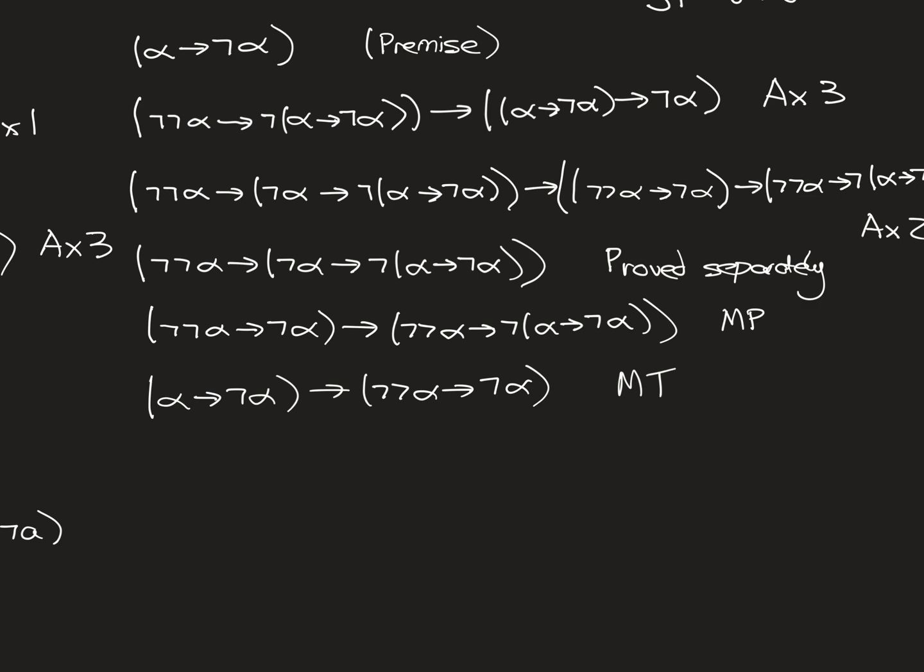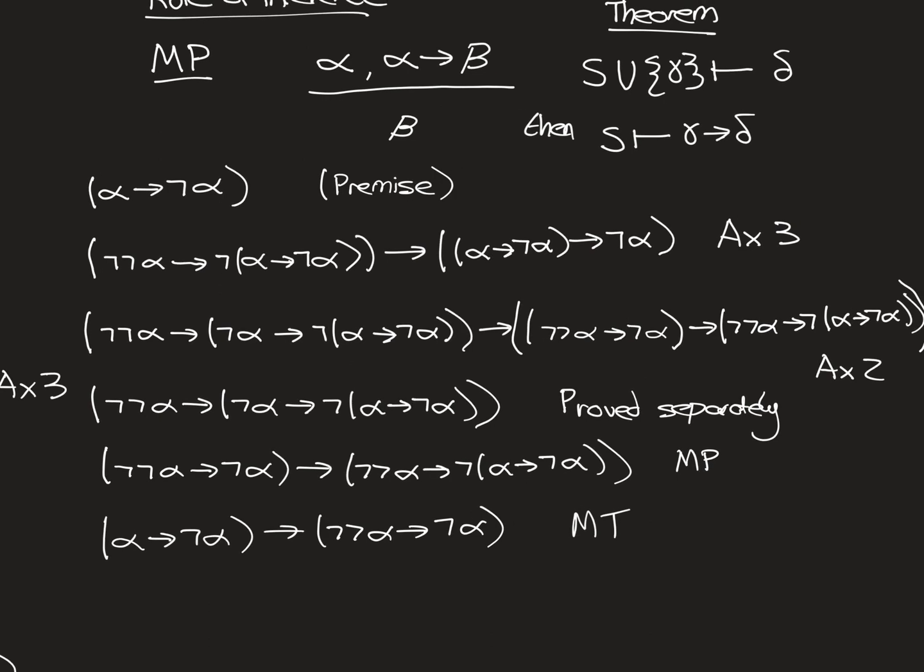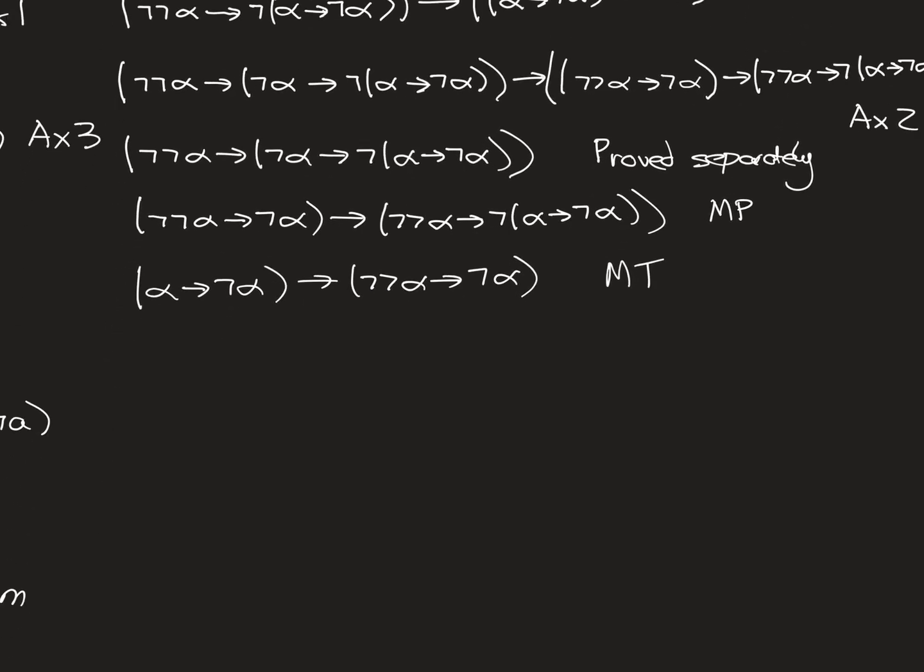Now, because if you remember this bigger proof that we were trying to do here, we had alpha implies not alpha as a premise. So I can do Modus Ponens now on this thing and therefore get not alpha implies not alpha. That's by Modus Ponens.